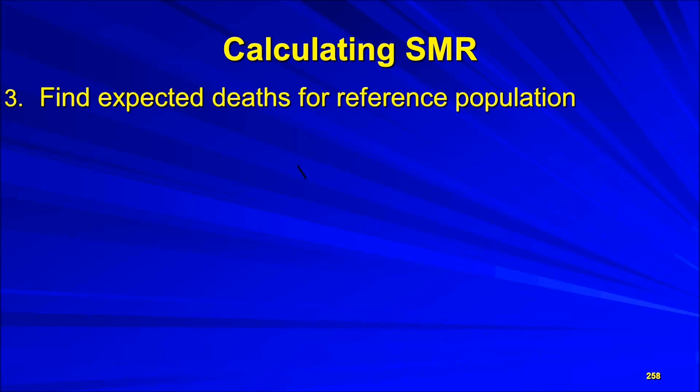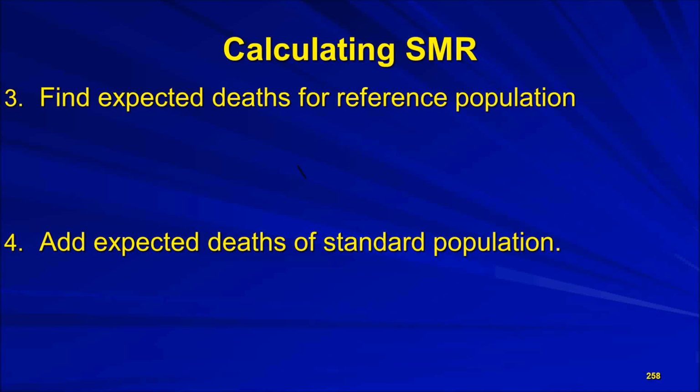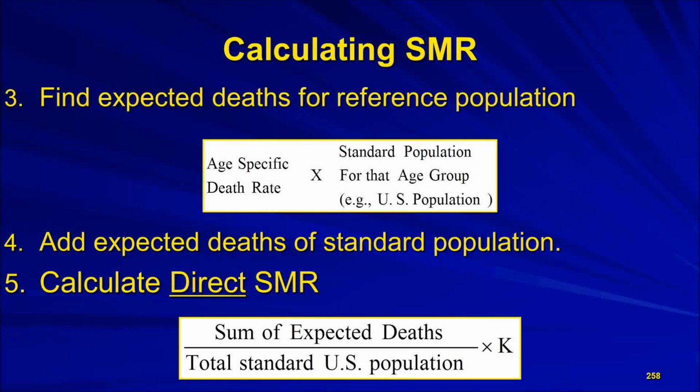So if you're using the U.S. population to standardize, it's a population statistic, then you're going to use 100,000. Okay, are you with me so far? And you can go back and look at these steps, and I think they will make more sense to you as we focus on a particular problem.